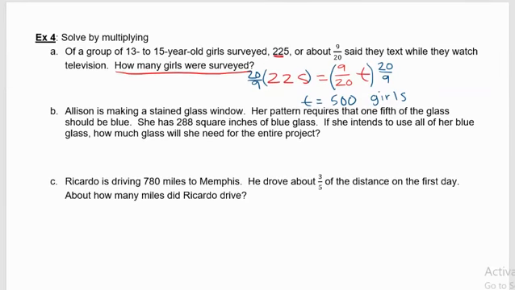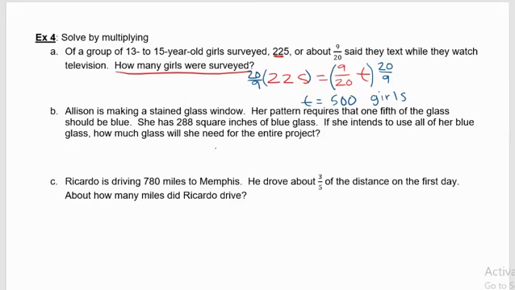Okay, B, Allison is making a stained glass window. Her pattern requires that 1/5 of the glass should be blue. She has 288 square inches of blue glass. If she intends to use all of her blue glass, how much glass will she need for the entire project? So this problem is very similar to the one before.